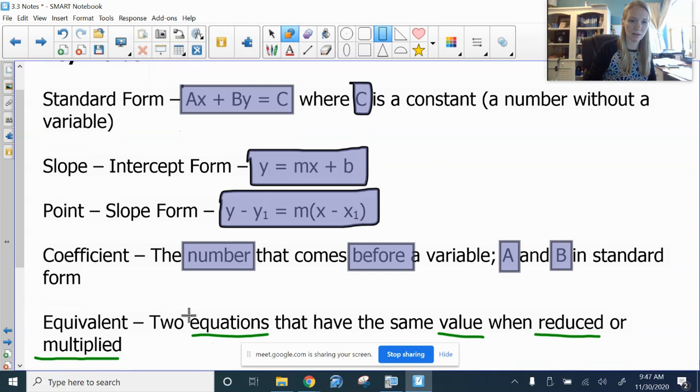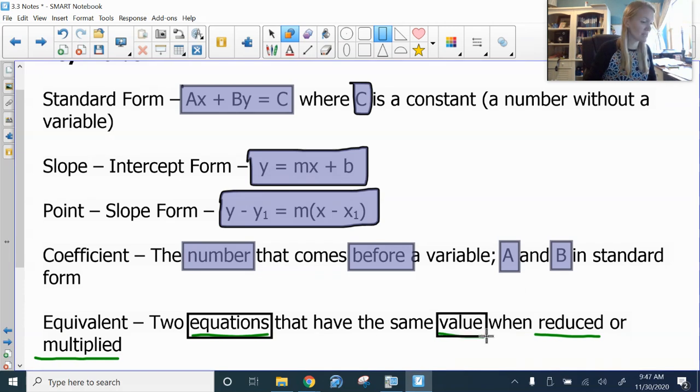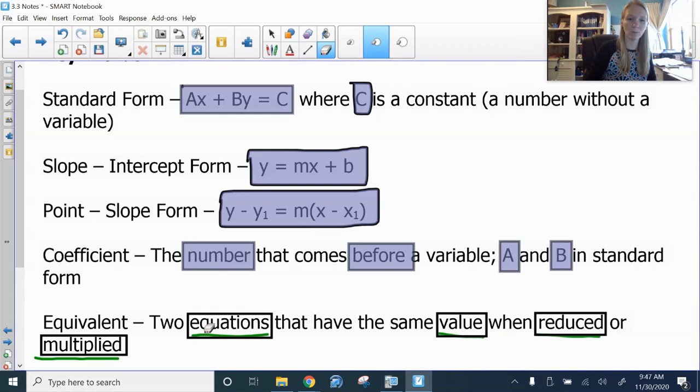I'm going to hide that, and I'm going to hide that. And then equivalent, when things are equivalent, it's like they're equal, equations that have the same value when reduced or multiplied. Yours all fits on one page or one line. Mine didn't, but that's okay.